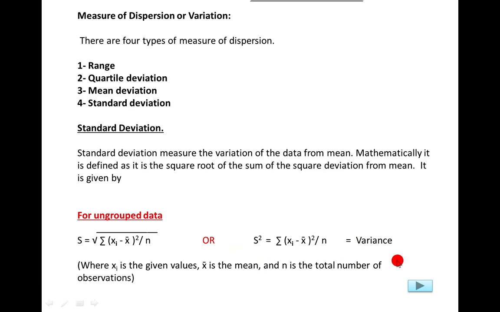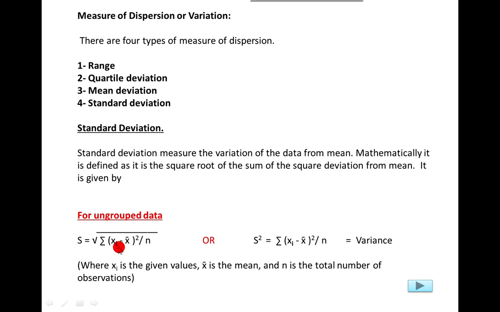If you have variance, you can find the standard deviation. If you have the standard deviation, by squaring both sides, you will obtain the variance, where xi is the given value, x bar is the mean, and n is the total number of observations. So this is the formula of the ungrouped data.